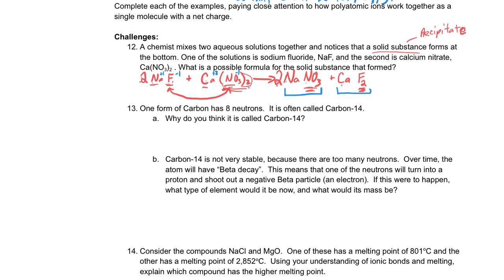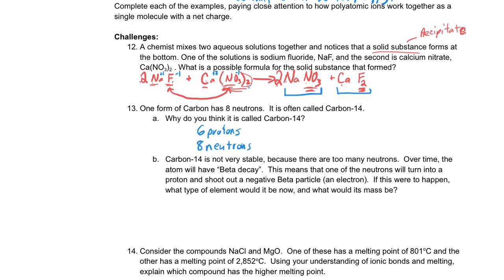Number 13. One form of carbon has 8 neutrons. It is often called carbon-14. Why do you think it's called carbon-14? Well, if you look up carbon in the periodic table, carbon has 6 protons. Now, it just said it had 8 neutrons.